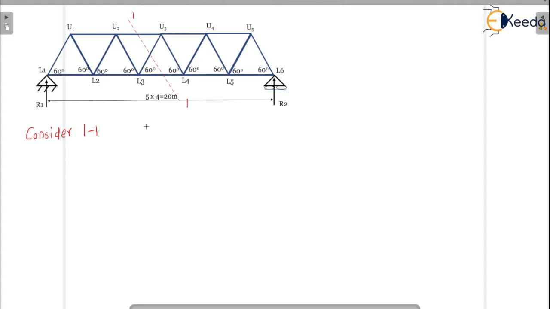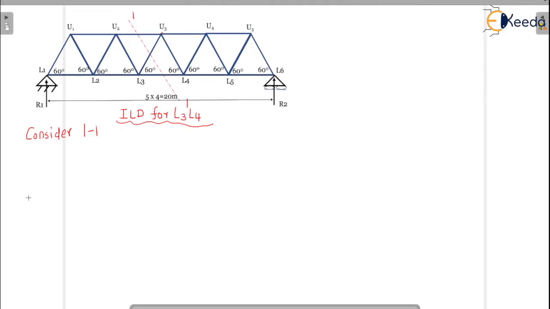Now for any unit load position, we have to find the ILD for L3, L4. When we consider section 1-1, for any unit load, we consider the moment about this point, and we have to find the force at L3, L4.